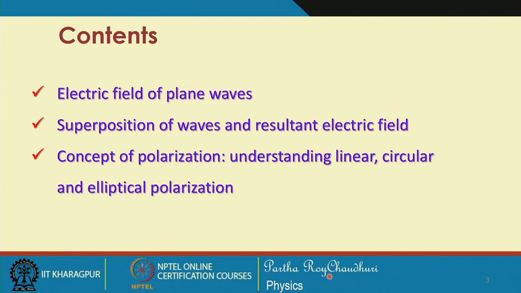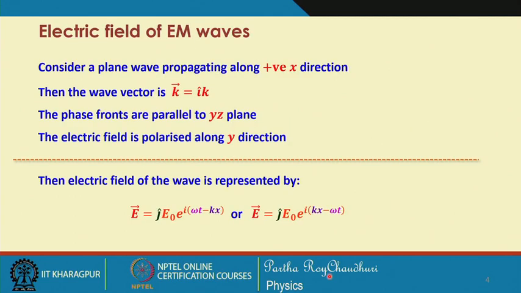We will take a concept of how this superposition gives rise to interference. Then, making use of the plane wave formulation using this electric field, we will bring out the concept of polarization. Then we will talk about the linear, circular and elliptical polarization.